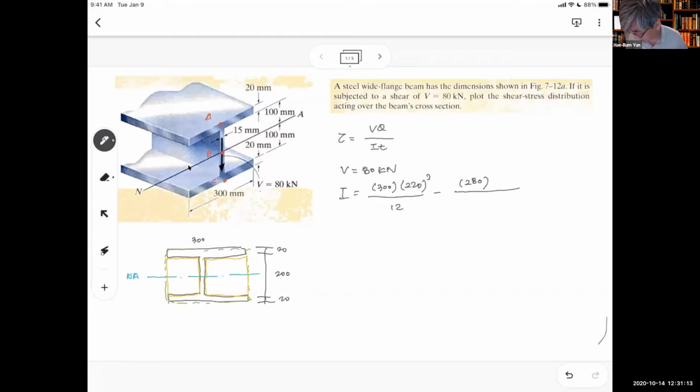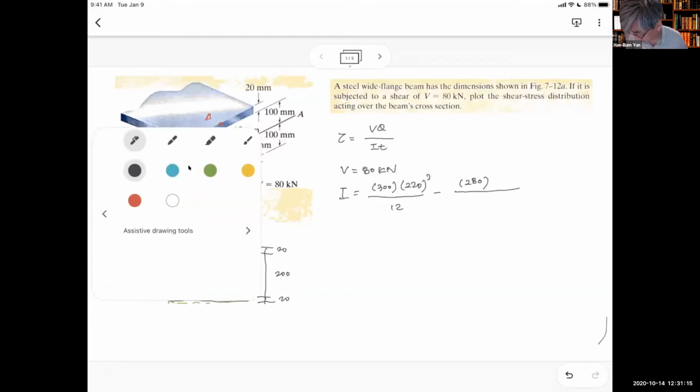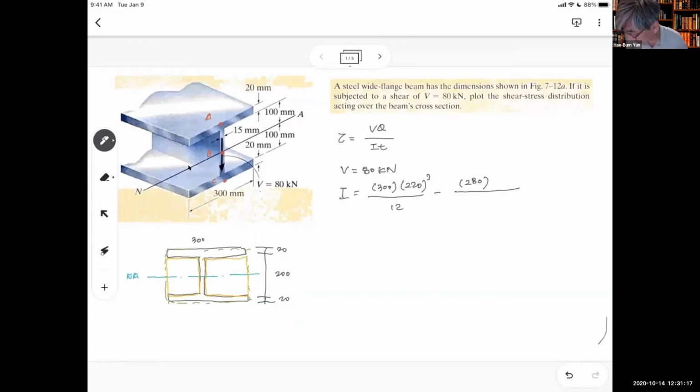Oh, by the way, I didn't give you the dimension for the web thickness. So this is 15 millimeters, so I actually got a wrong b. So 15, which means that 285, right? And the height is 200, cubed over 12.